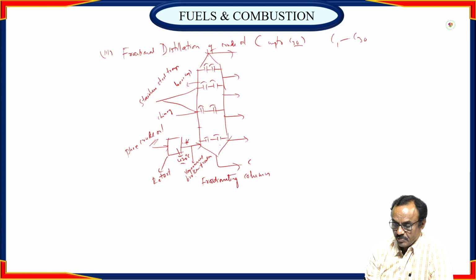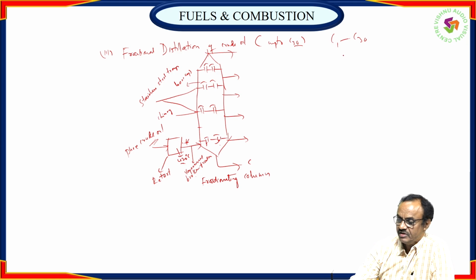When you pass these vaporized smaller fractions, as they go up through the chimney, they collide with the cap and get condensed. When the different fractions go up, C18 to C30, right?